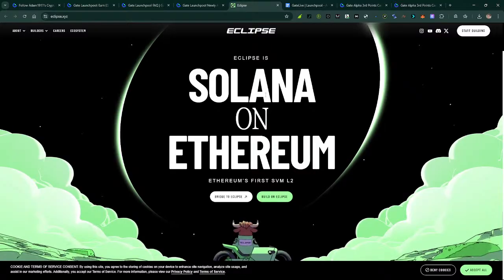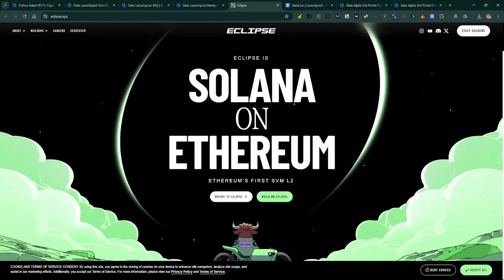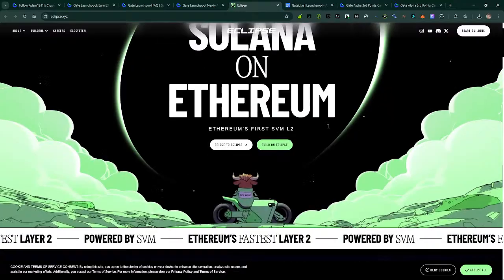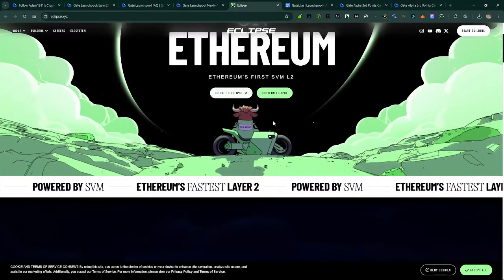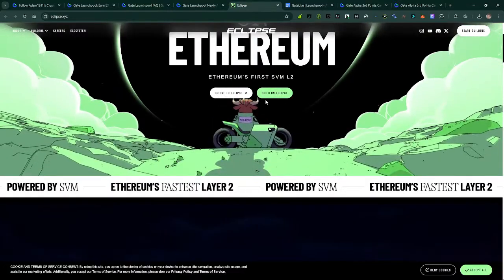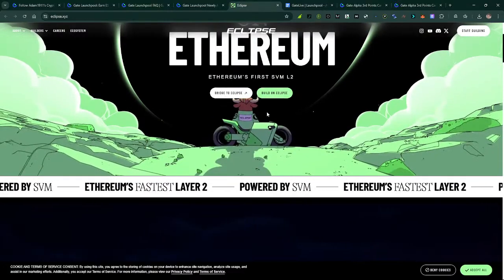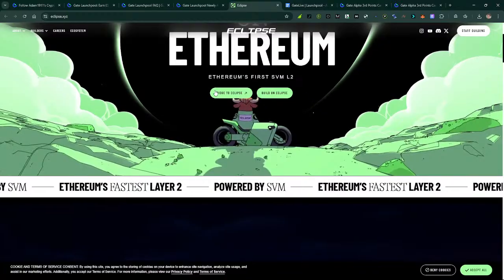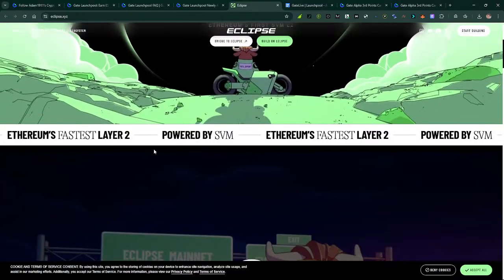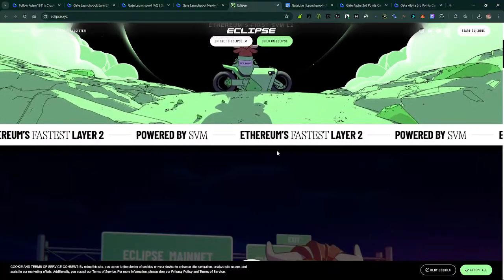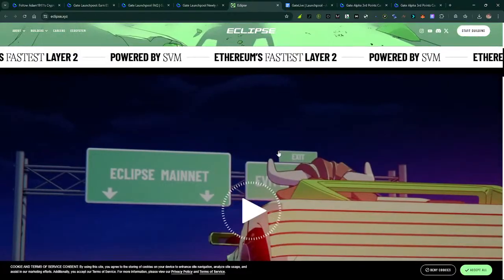Eclipse is Solana on Ethereum, Ethereum's fast SVM layer 2. Great. So bridge to Eclipse, build on Eclipse. You can either build your applications right there, and you can also bridge your assets to Eclipse as well. Powered by Ethereum's fastest layer 2.